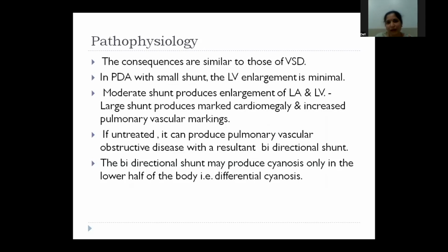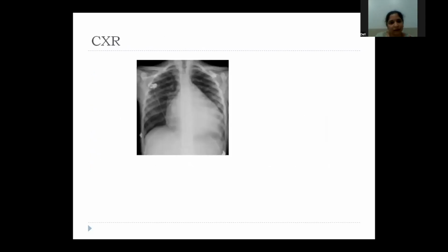So we have to address these conditions as early as possible if the patient is symptomatic. This is the X-ray of PDA. See the chamber enlargement and increased plethora.